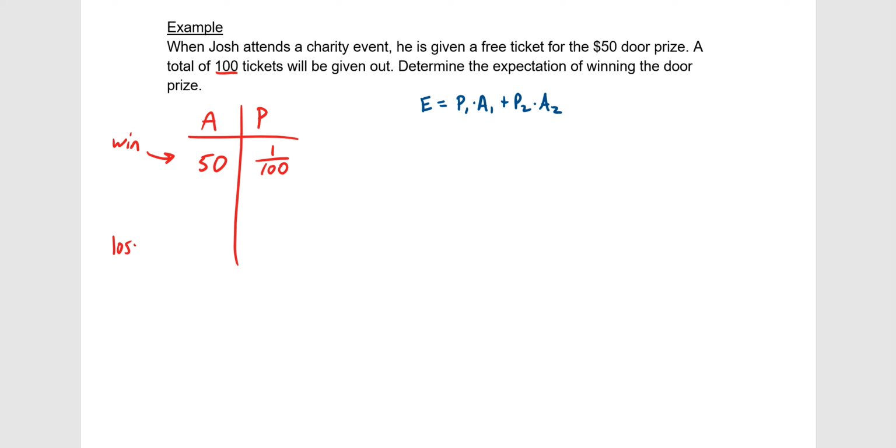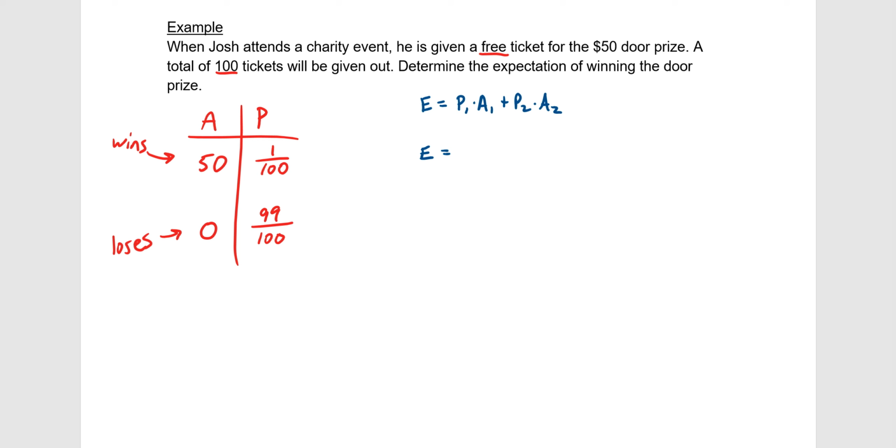And if he loses, he actually doesn't lose any money. So that net amount is going to be 0 because he got a free ticket, so he didn't pay for it. And the probability of losing is 99 over 100. So there's 99 losing tickets and 100 total tickets, 99 over 100. Or you can think of it as 1 minus 1 over 100. So we plug these in.